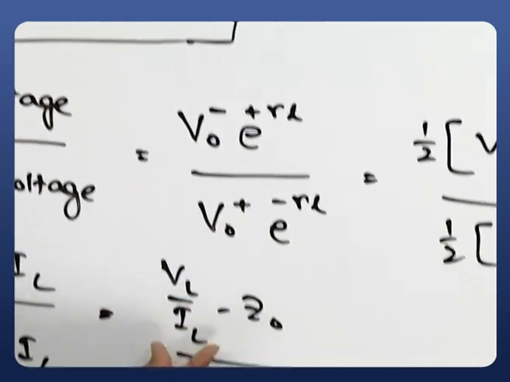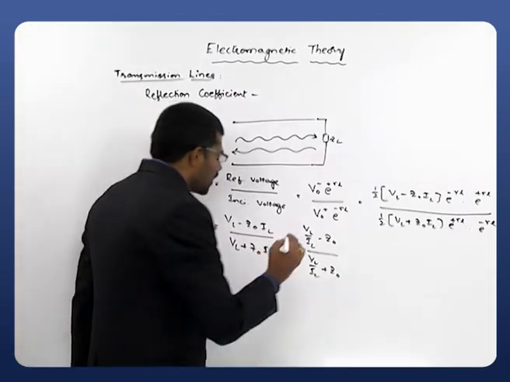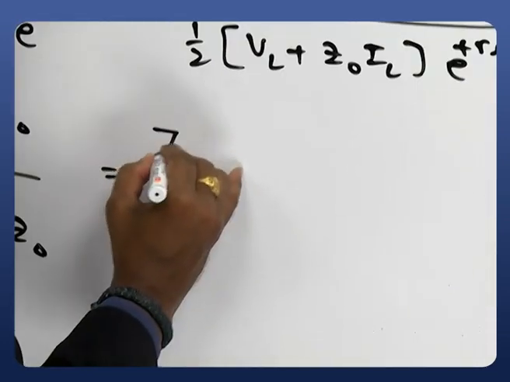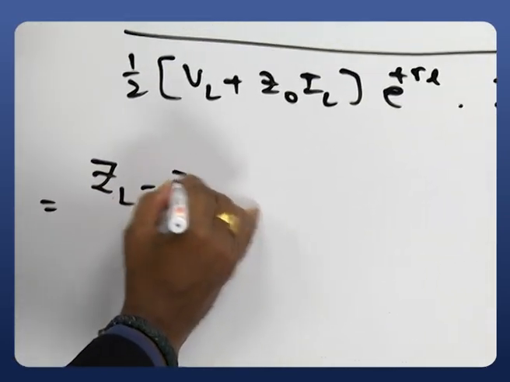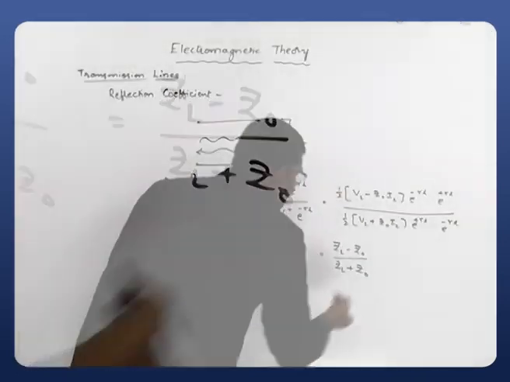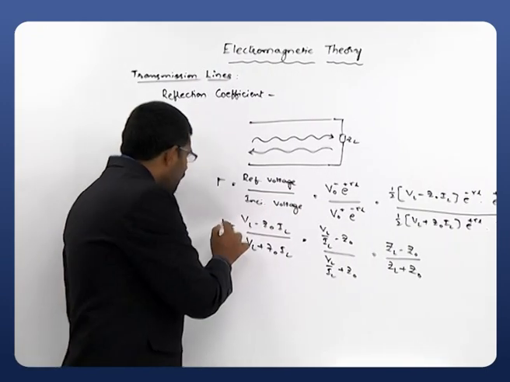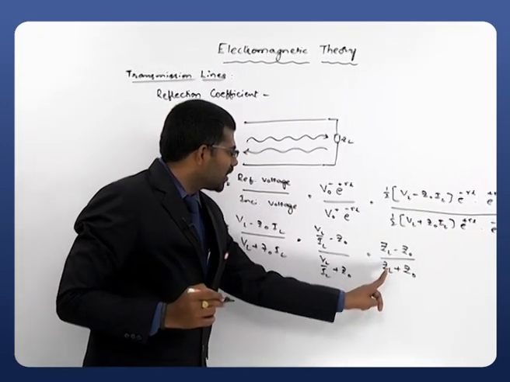So VL by IL can be replaced with ZL. So gamma is equal to ZL minus Z0 divided by ZL plus Z0. That is the final equation you are supposed to remember. So gamma is equal to ZL minus Z0 divided by ZL plus Z0.